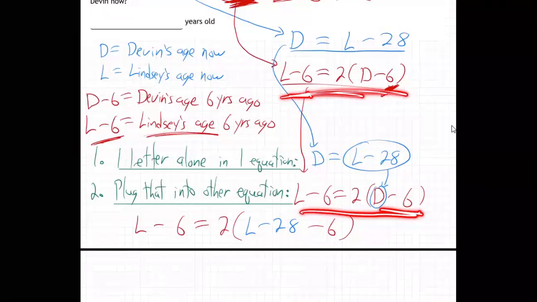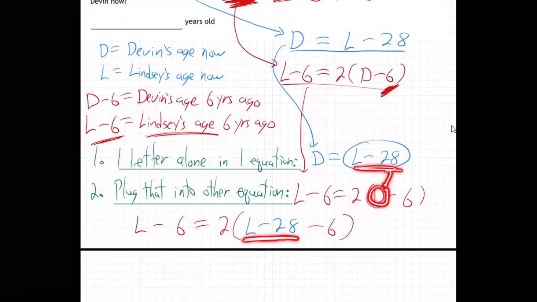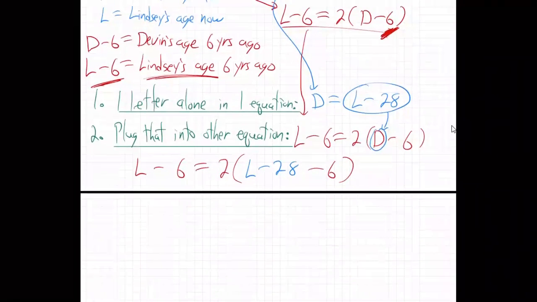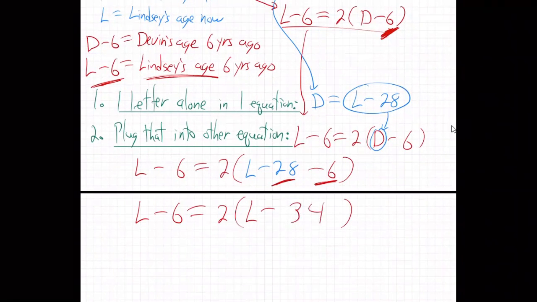And then I'm going to plug in L minus 28 right there. So here's the L minus 28. Okay, so then that'll become, what's going to happen in there? L minus, so minus 28 minus 6 is minus 34.